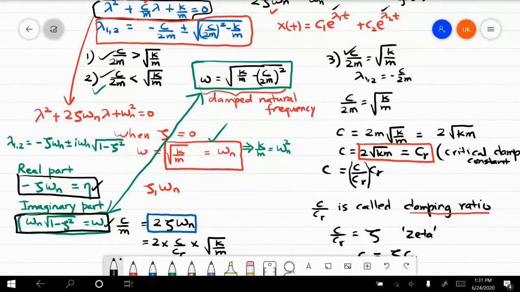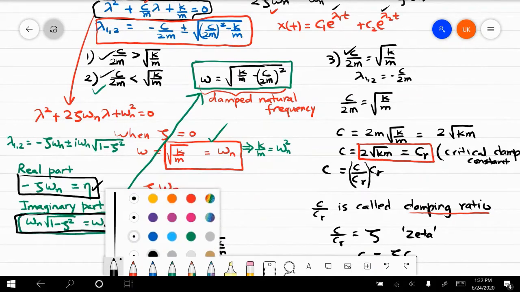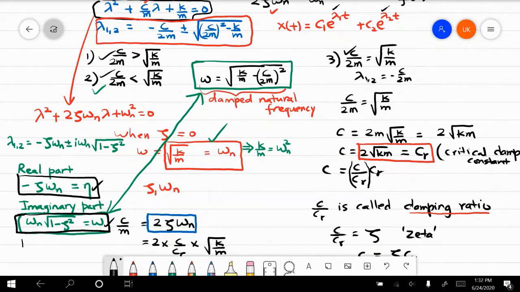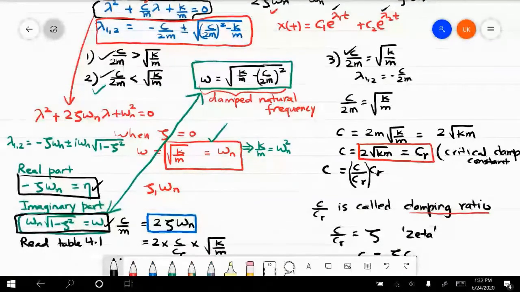So for now, after the class, you can have a look at that table if you are interested in this. And if we have time, we can talk about it again next week. Okay, so read table 4.1.